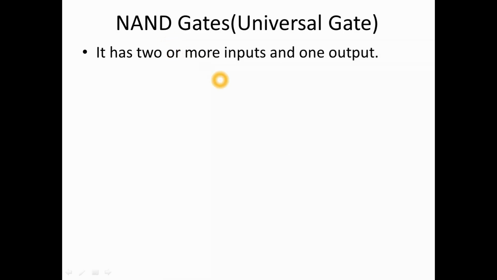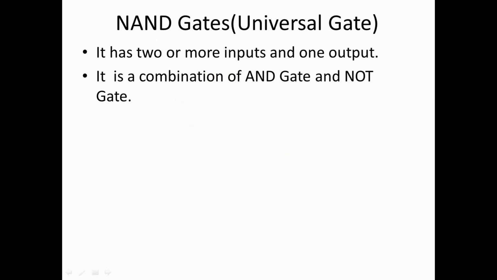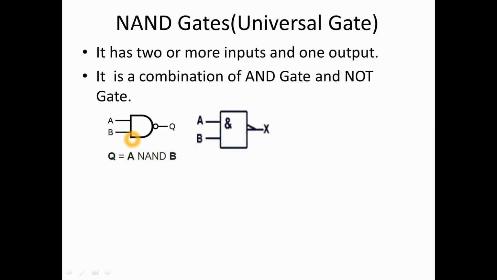Now let us see the universal gates. One of the universal gates is the NAND gate. It also consists of two or more inputs and one output. It is the combination of AND gate and NOT gate. That is, the output of the AND gate is connected to the NOT gate. This is the circuit symbol for the NAND gate.